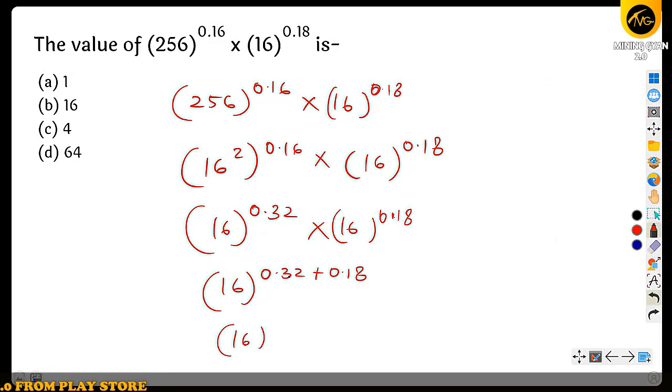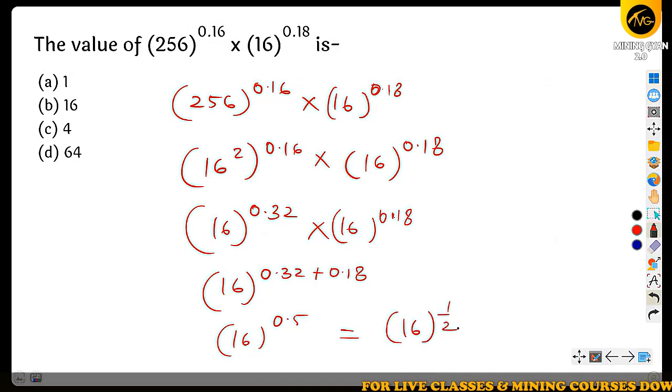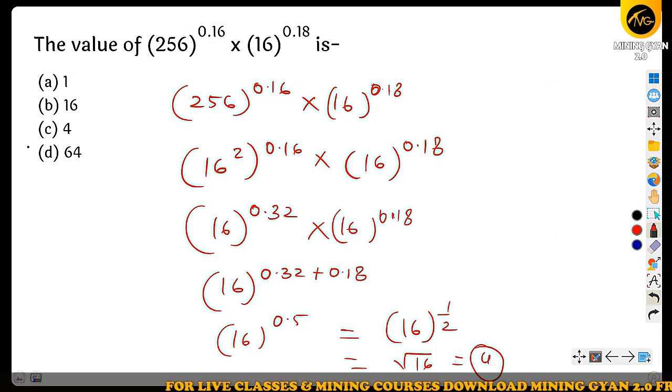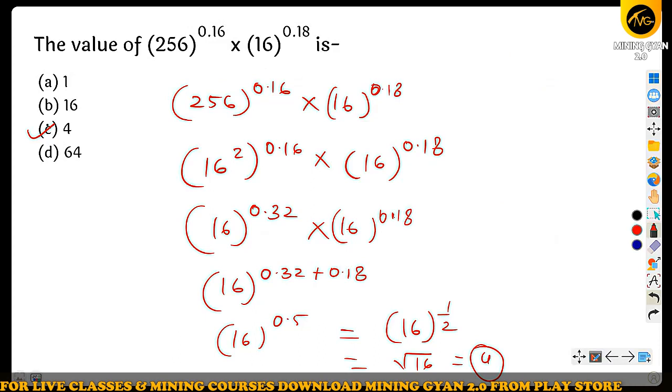That means 16 power कितना होगा ये 0.5 ना, हाफ हो जाएगा, करेक्ट. 0.5, that means 16 power 1 divided by 2. We can write that 0.5 as 1 divided by 2. That means it's root 16, and root 16 means 4. So answer C is the correct answer. 4 is the value of 256 power 0.16 into 16 power 0.18.